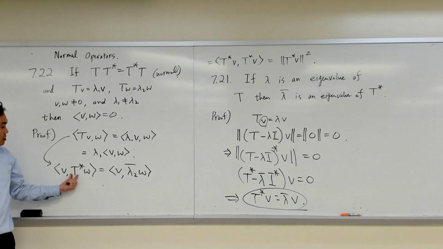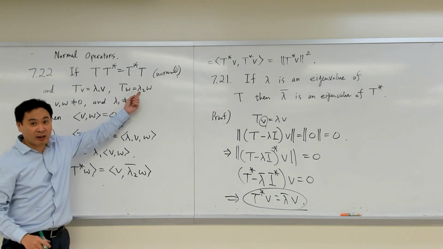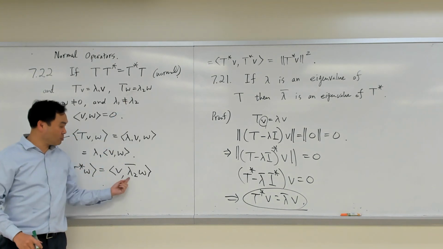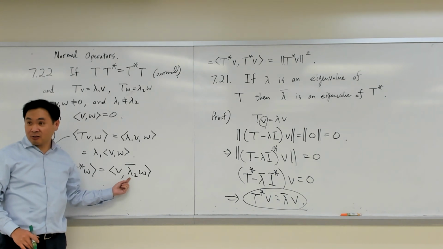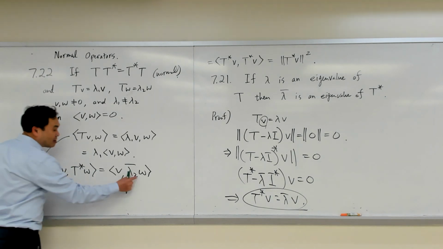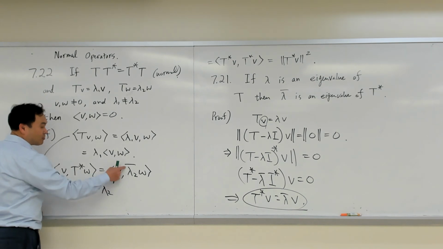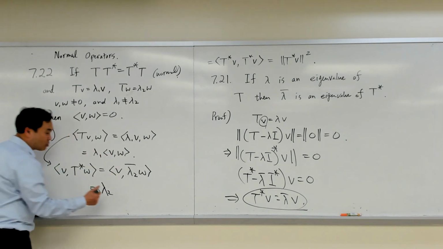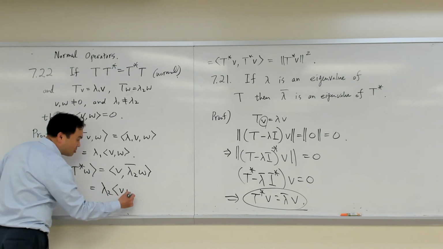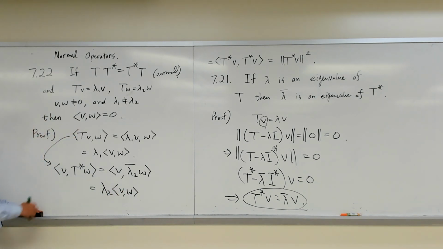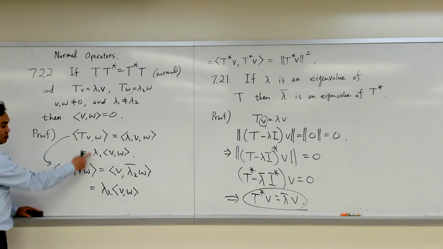The only difference is that instead of λ as your eigenvalue, λ-bar is the eigenvalue. Okay, so that's what we have. But then when this comes out, what is that? A complex conjugate comes out, and if you have a double complex conjugate, it comes back to the original one, so you get λ2 ⟨v, w⟩. Okay, so because I computed this in two different ways, these two must be equal.